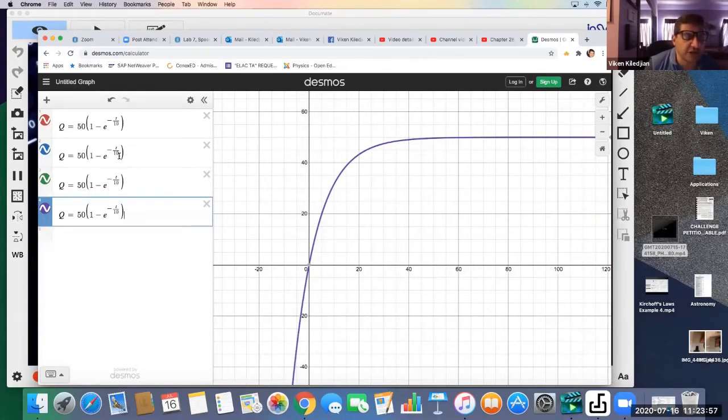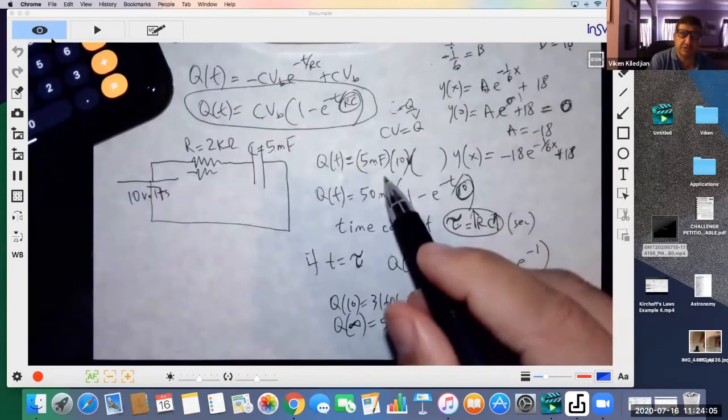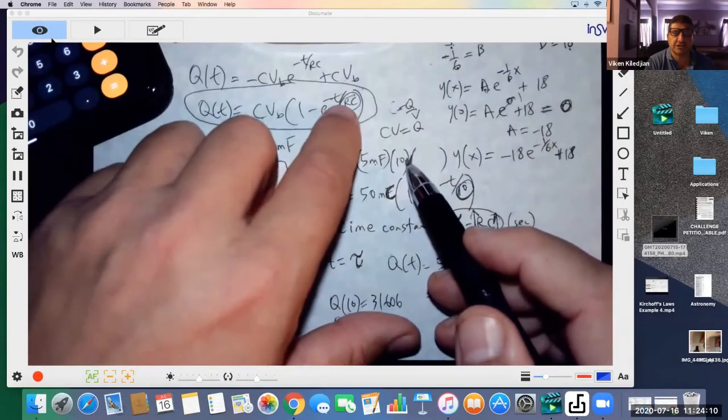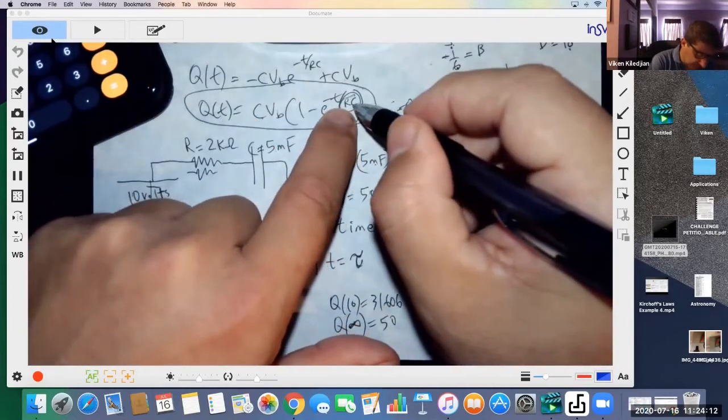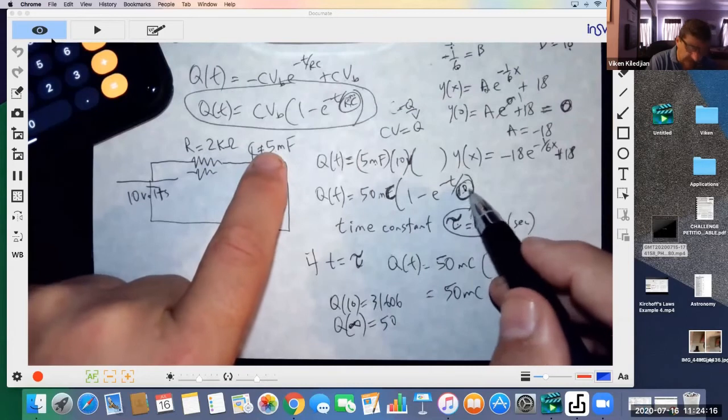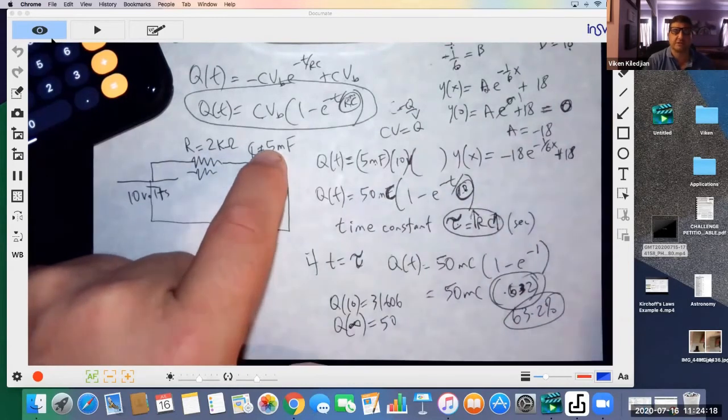Then what will change here in the equation? If I change the resistance here, nothing changes here. Just this one goes up 3. This one goes up to 3 times 5. That's going to be 15. You see?